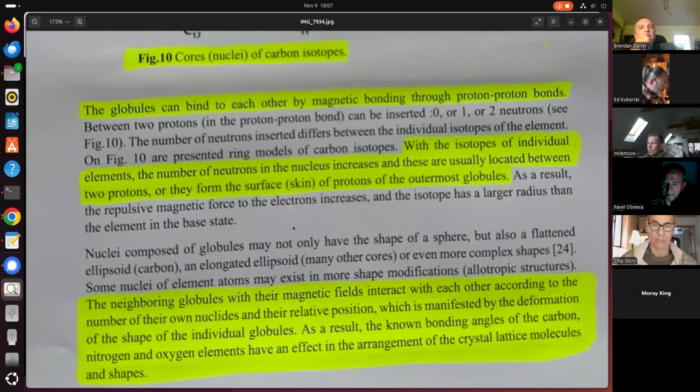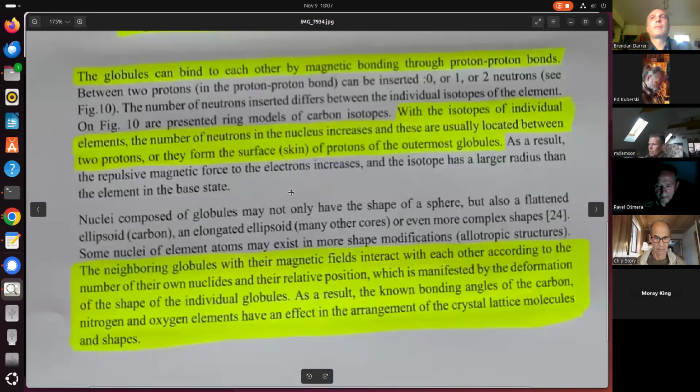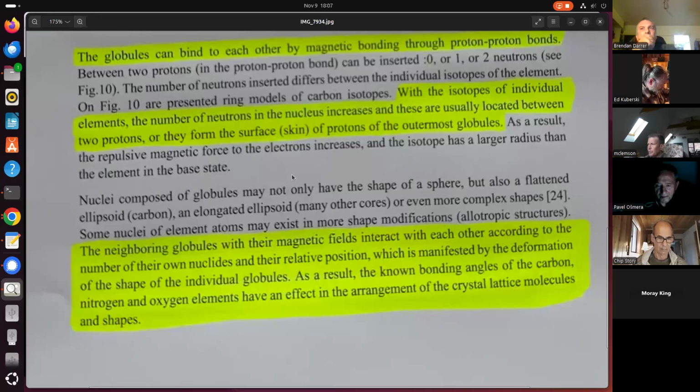The neighboring globules with their magnetic fields interact with each other according to the number of their nuclides and their relative position, which is manifested by the deformation of the shape of the individual globules. As a result, the known bonding angles of carbon, nitrogen, and oxygen have an effect in the arrangement of the crystal lattice modules and shapes.